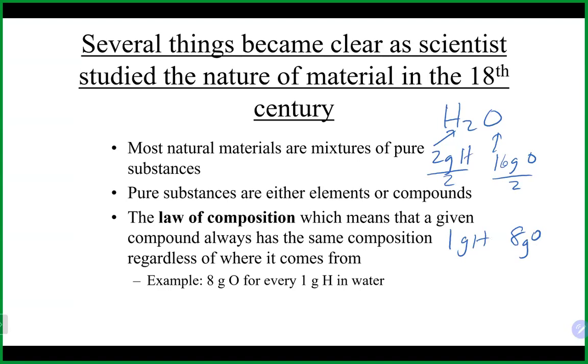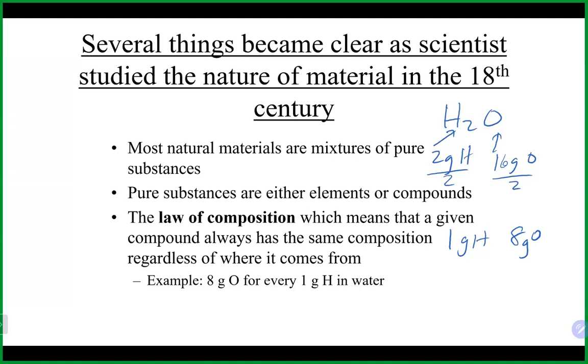That's regardless of where you get your water from. It should always have that composition, even if it costs more, no matter how it's bottled. If it's just the water part, it's always 1 gram of hydrogen per 8 grams of oxygen.